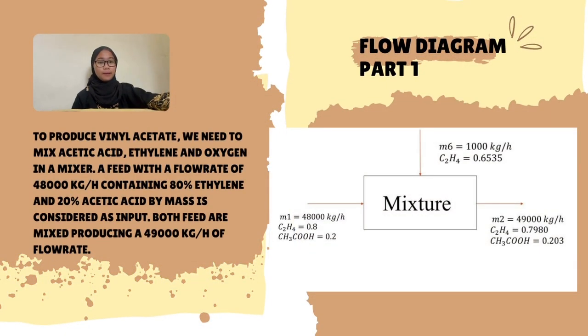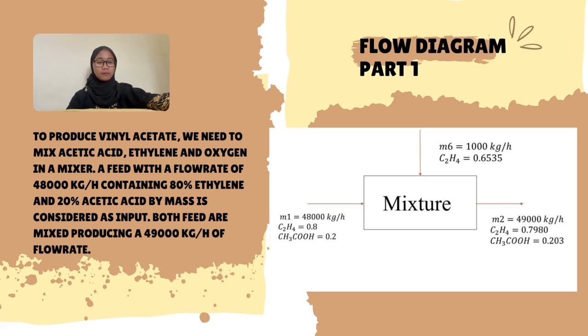So the main process of the production of vinyl acetate is the reaction between ethylene, acetic acid, and oxygen. First, about 48,000 kg per hour of a mixture containing 80% by mass of ethylene, C2H4, and 20% by mass of acetic acid, CH3COOH, is the input.